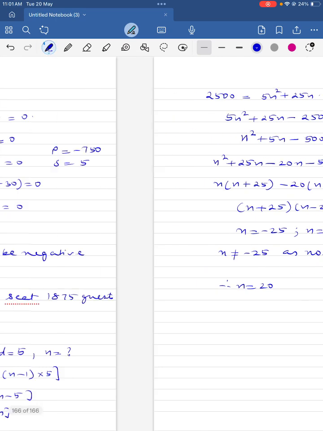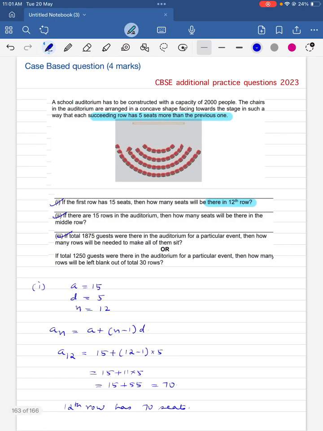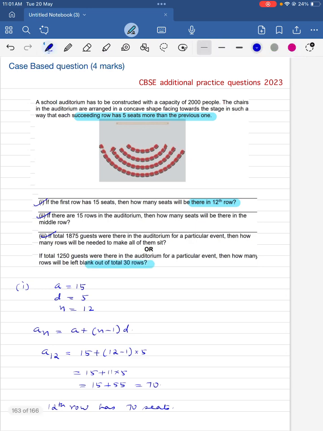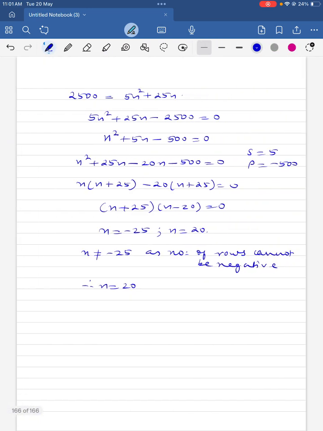They've mentioned in the question that there are 30 rows in total. And how many of these 30 rows are left blank? So the number of rows left empty would be equal to 30 minus 20, which is 10 rows.